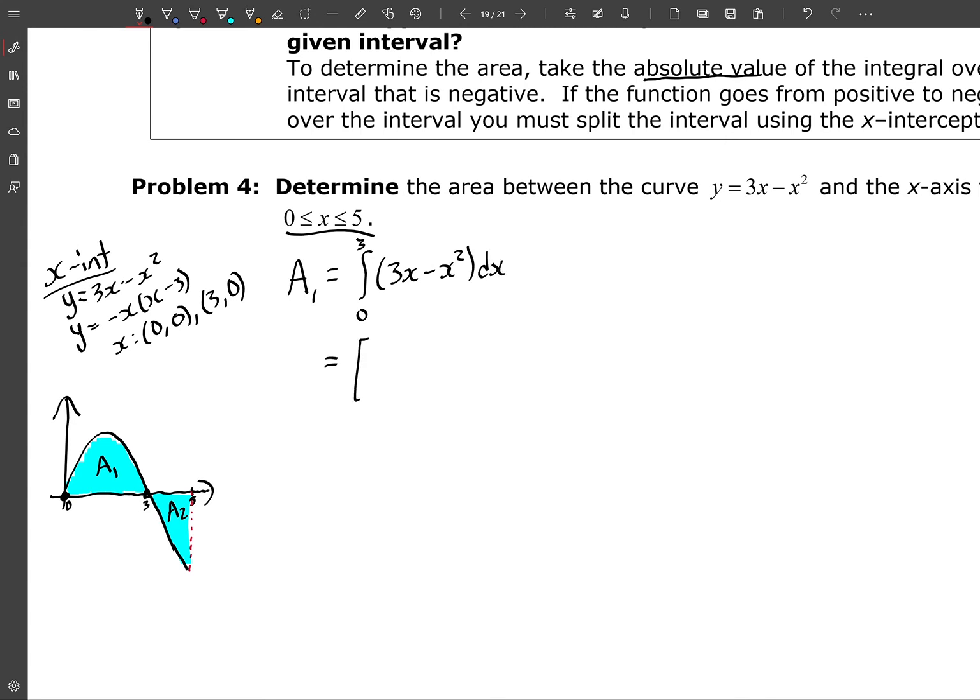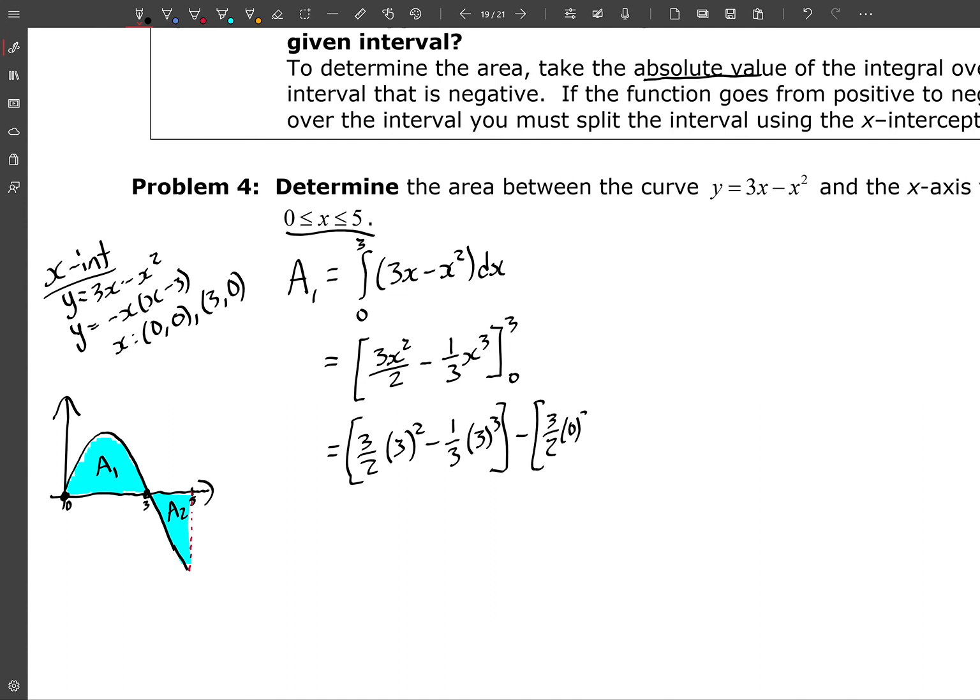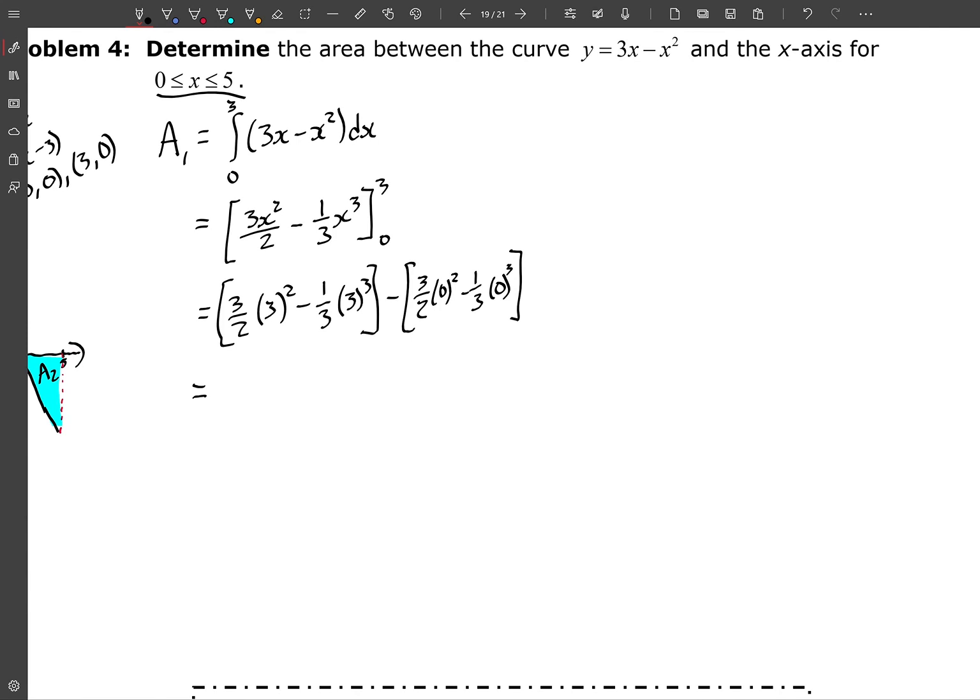So this is equal to 3x squared over 2 minus 1/3 x cubed from 0 to 3, which is equal to 3/2 times 3 squared minus 1/3 times 3 cubed, minus 3/2 times 0 squared minus 1/3 times 0 cubed. That one's going to be easy. All right, so solve that out.